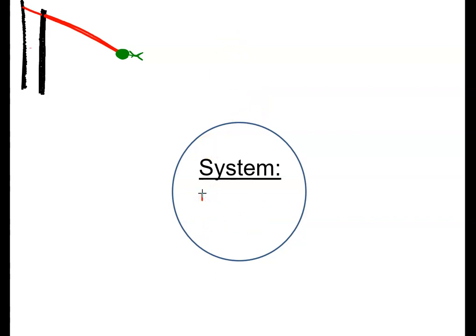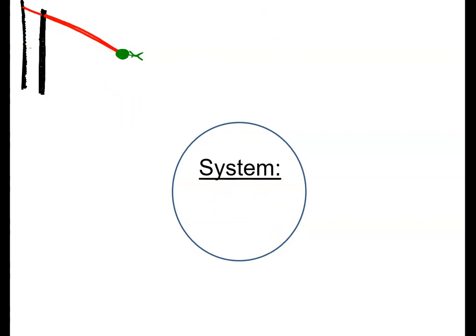So our system is a person and bungee. So for everything I write from this point on, or every graph I do, it's the person and the bungee cords I'm talking about, right? All the energy's trapped there. So what kind of energy was it?